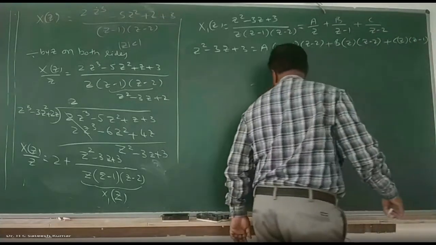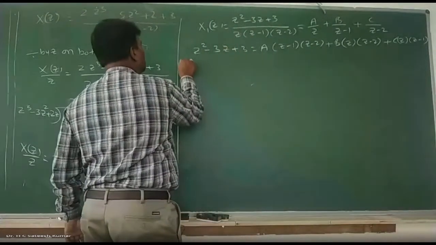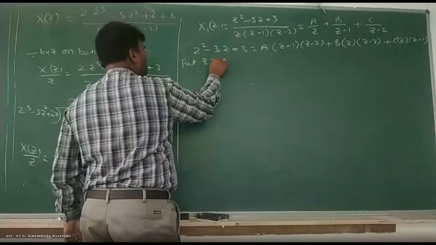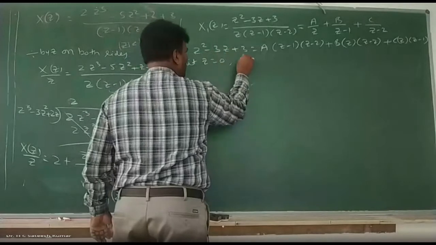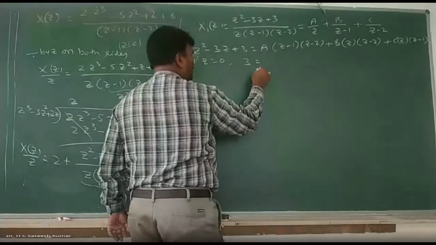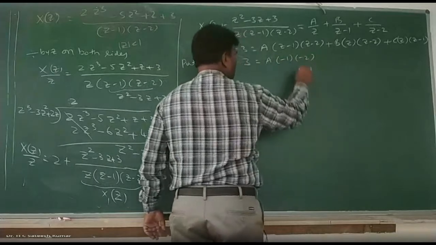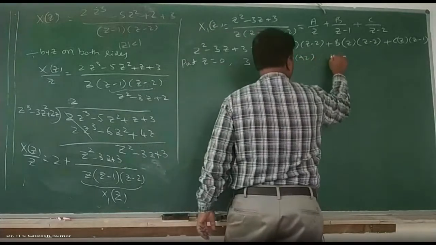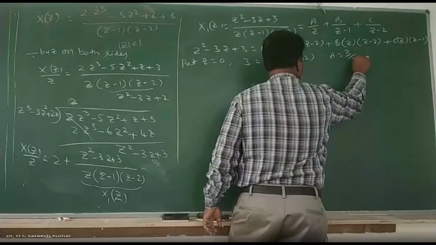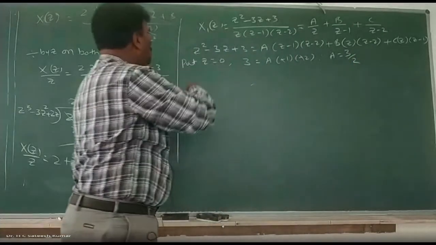Put z is equal to 0. What will you get? 3 is equal to A into minus 1 into minus 2, minus into minus. Therefore, A is equal to 3 by 2.